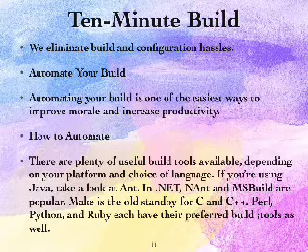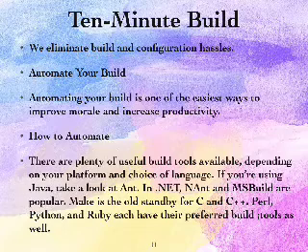So to eliminate build and configuration hassles, you can go for an automated build. An automated build is the easiest way to improve productivity and morale. How to automate? There are plenty of useful tools available depending on your platform and language that you are using for development. If you are using Java, you can take a look at Ant. In .NET, NAnt and MSBuild are very popular.